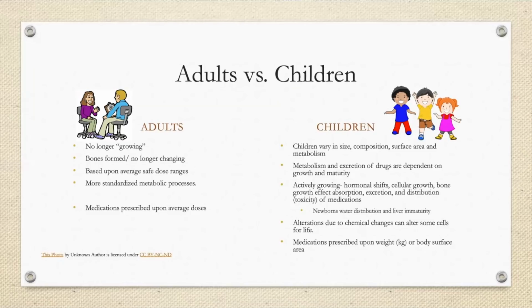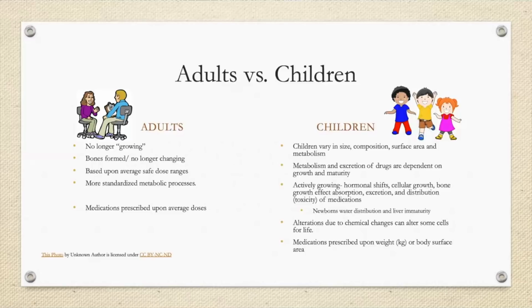For example, newborns have a large water distribution within their body, and their livers are immature. So their dosages have to be modified to account for these things. Also, there are alterations in medications that must be made because the chemical changes can alter some of the cells that are growing for life.